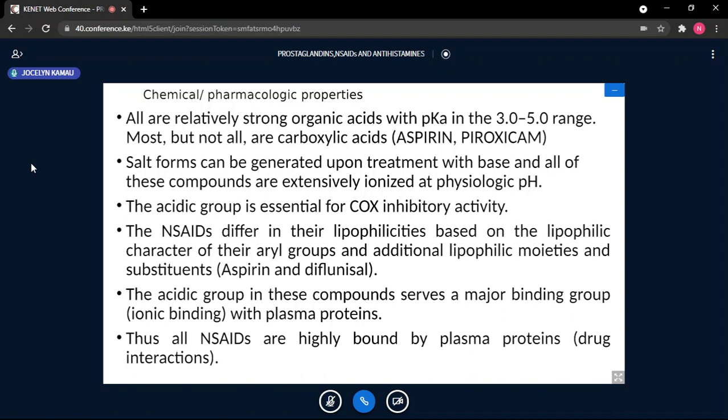And that pocket is the one which is taken advantage of in development of the selective drugs, in that the selective drugs will have a rigid structure which can go into that pocket, and they will not be able to bind COX-1 because it does not have that pocket.